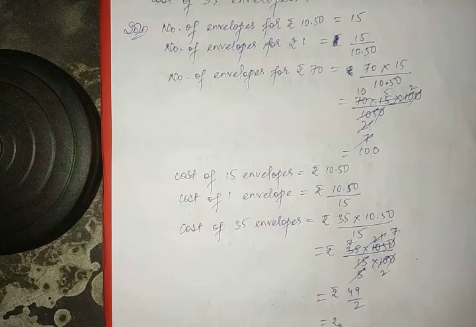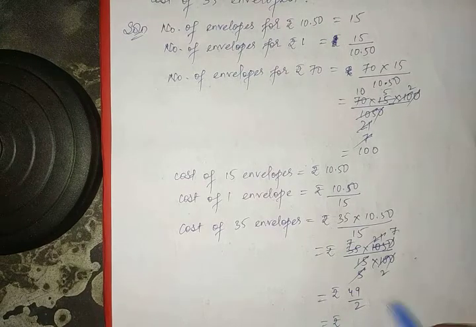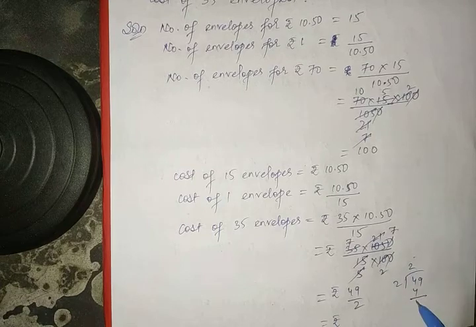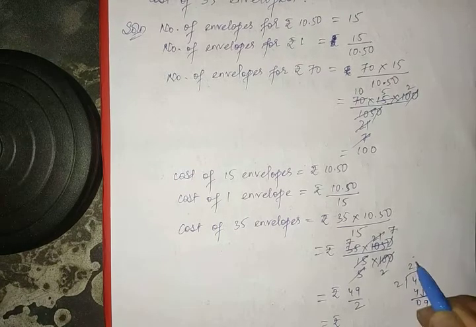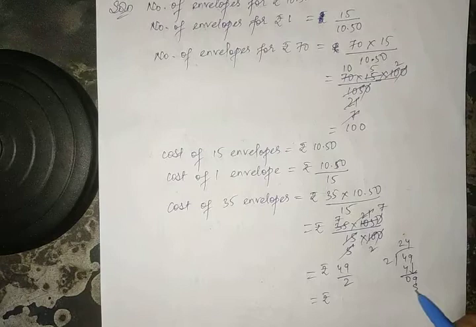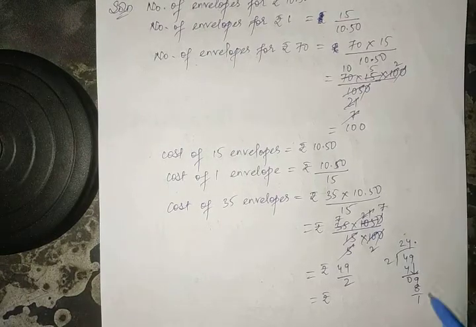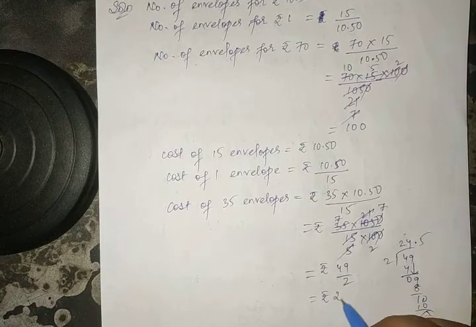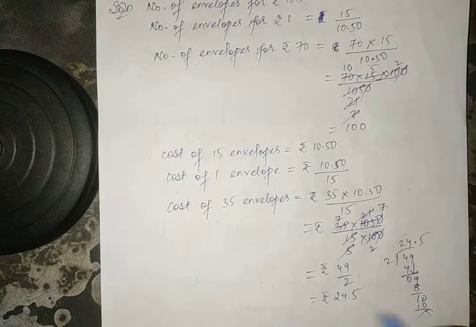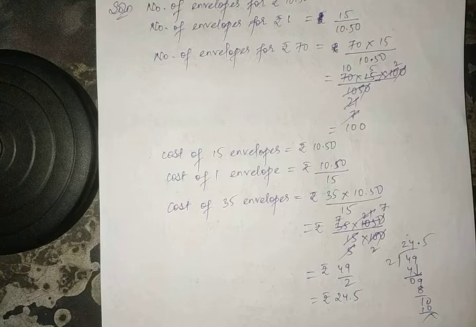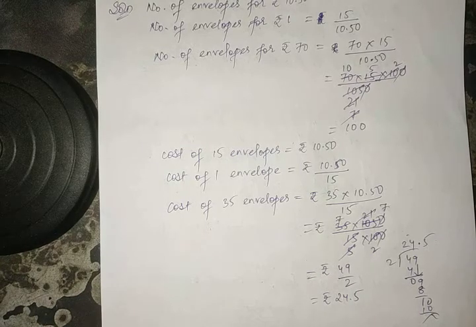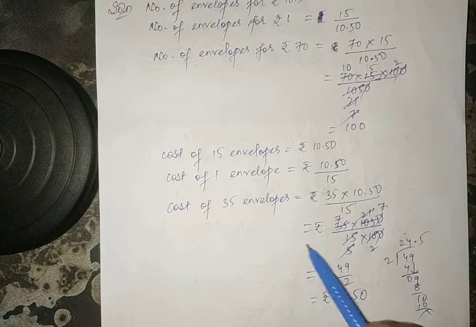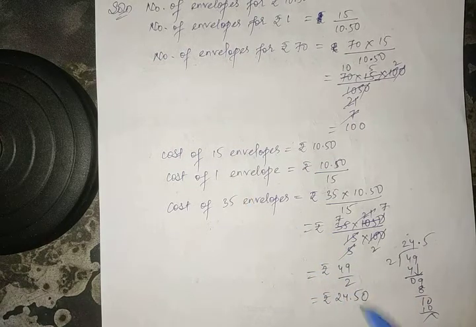So this one we can divide. So 49 by 2, if you divide, 2 2s are 4, 0, 9, 2 4s are 8, 1. You can put a decimal point, 0, and then 2 5s are 10. That means we'll get 24.5 rupees, the cost of 35 envelopes. You can put a 0 also here, no problem. So the cost of 35 envelopes is rupees 24.50.